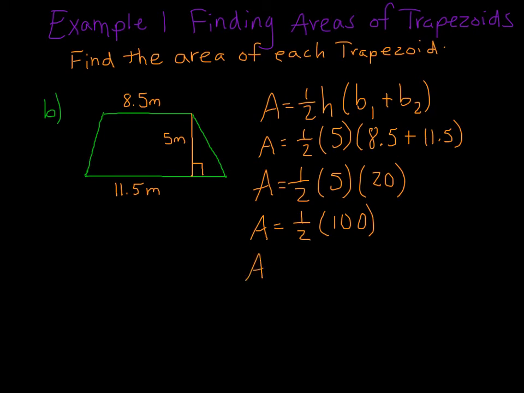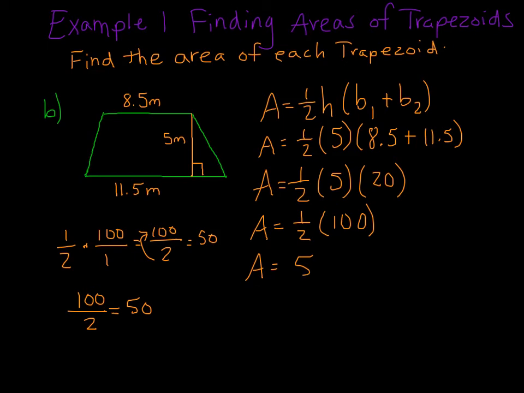And our last A, again, you can do 1/2 times 100 over 1, go straight across, 2 goes into 100 50 times, or you can just say 100 divided by 2 equals 50. So our answer should be 50 meters squared.